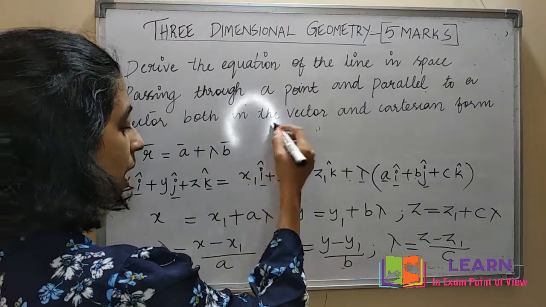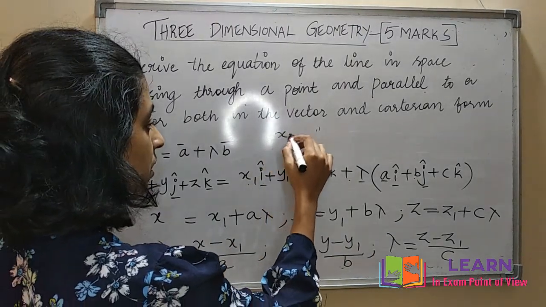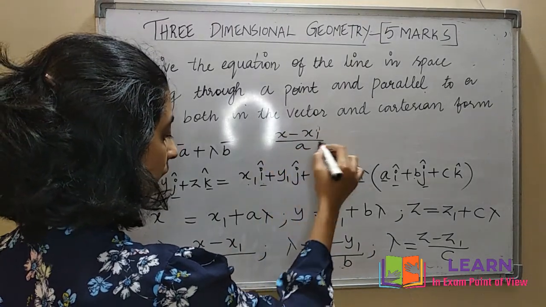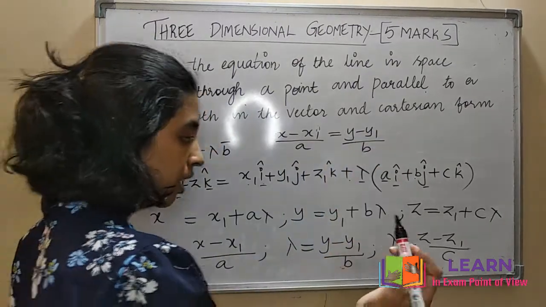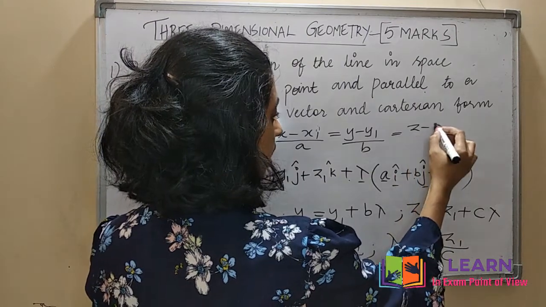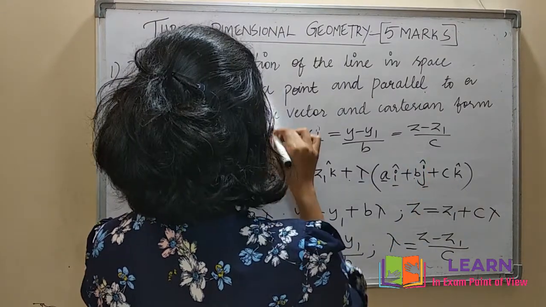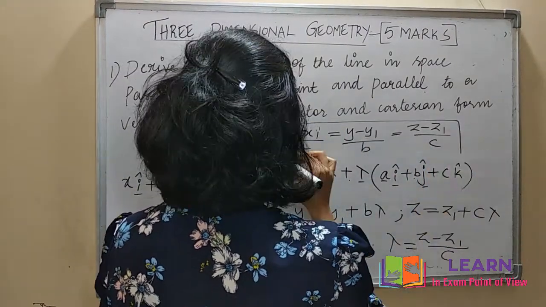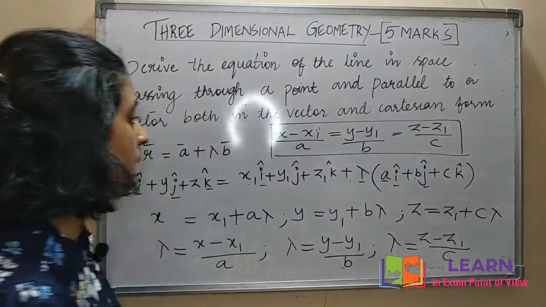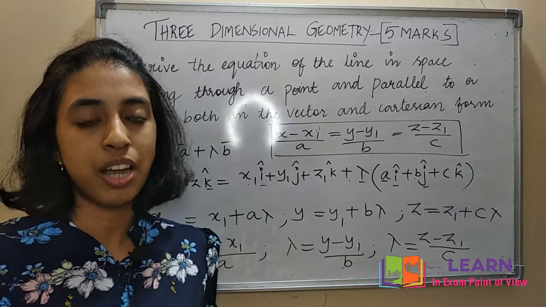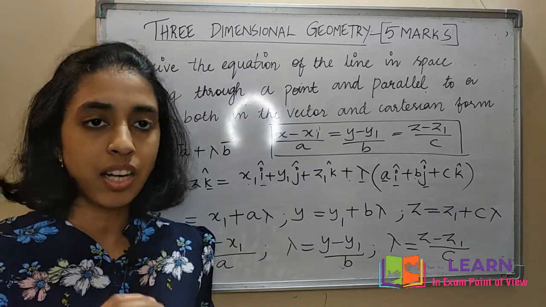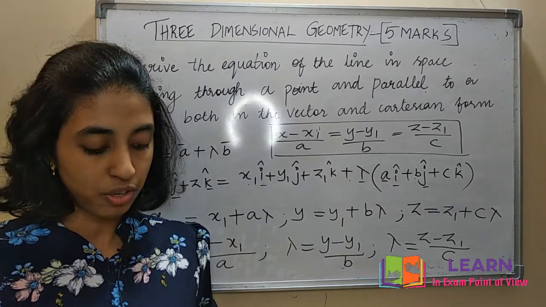So eliminate lambda and write: x minus x1 by a equals y minus y1 by b equals z minus z1 by c, which is the Cartesian form of the equation of a line which is parallel to another vector. Clear? So we have derived both the vector form and the Cartesian form of the equation of a line.